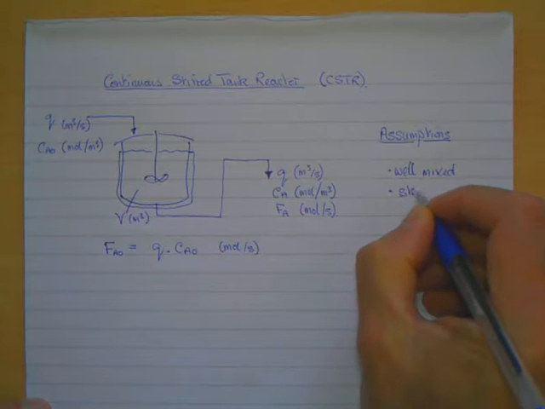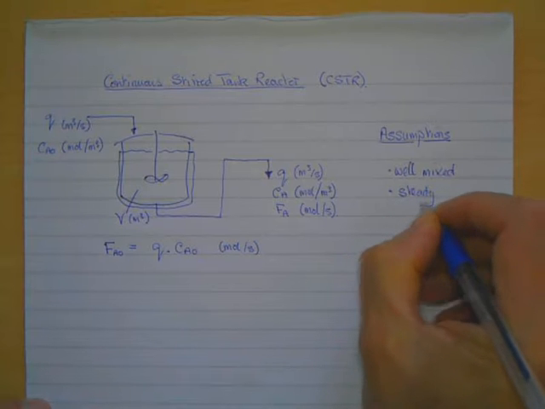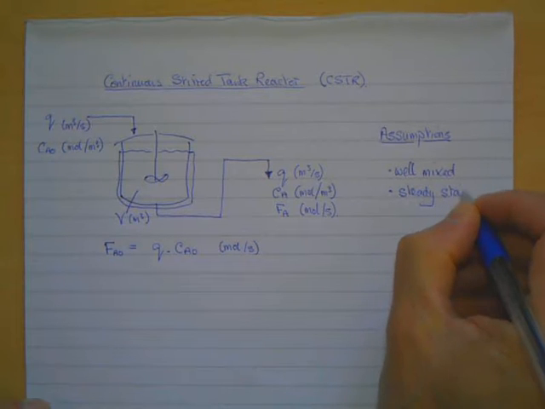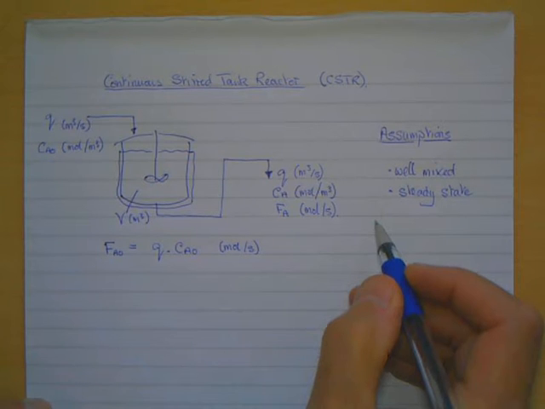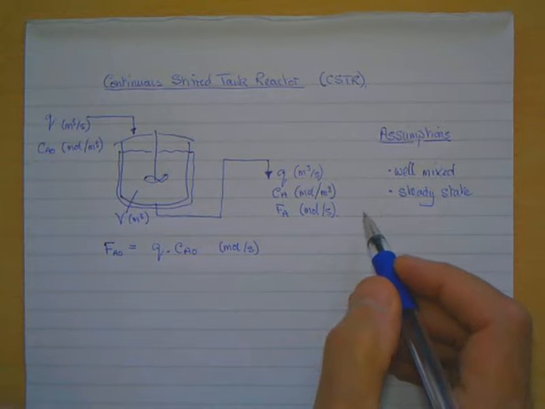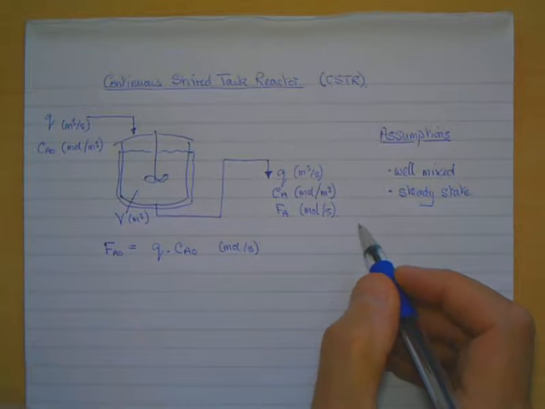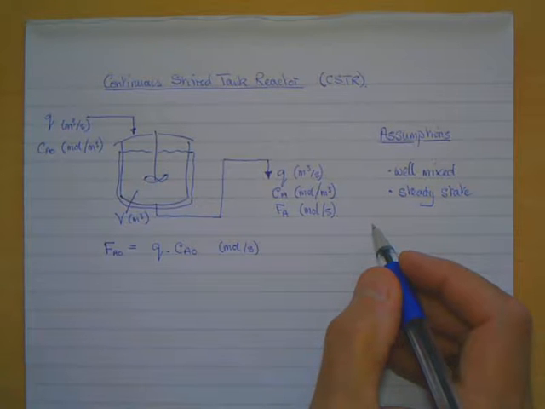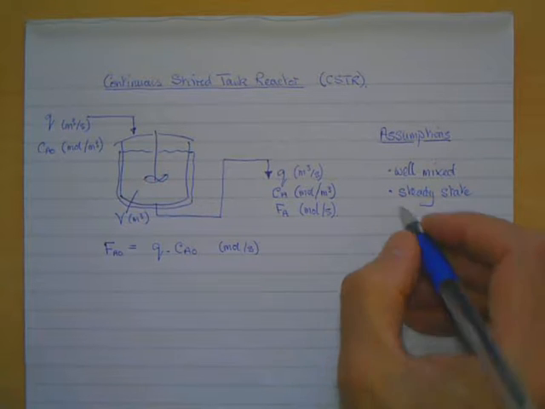We're also going to assume that we're at steady state. So this is a continuous process. Flow in and flow out are not varying, and the composition of the tank is not varying, so there are no changes in composition with time.